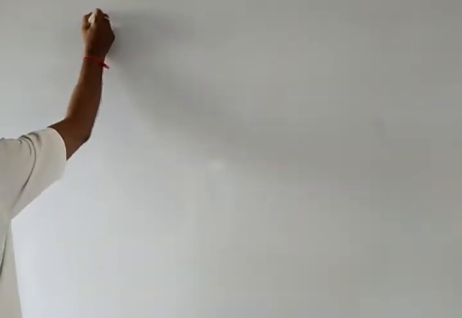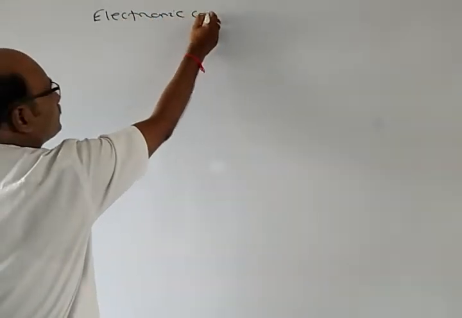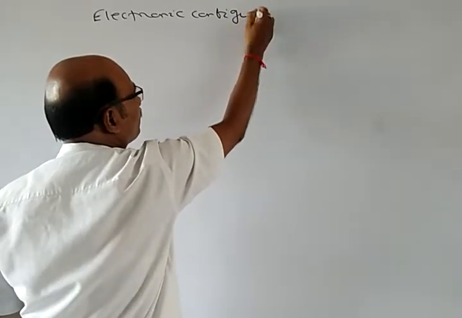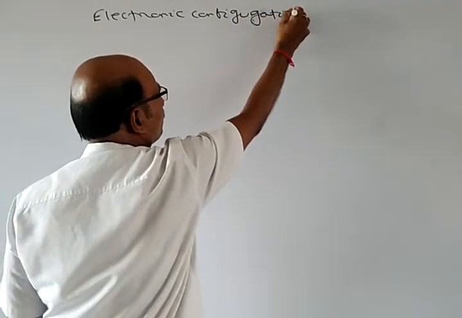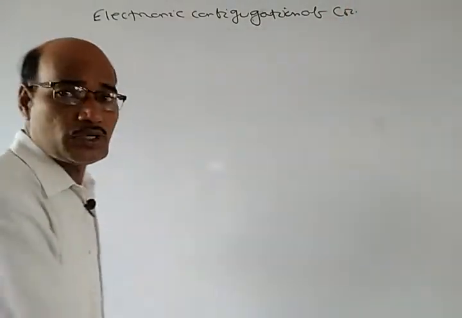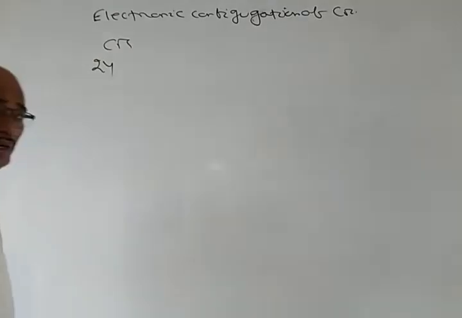So, electronic configuration of chromium. Chromium is 24.